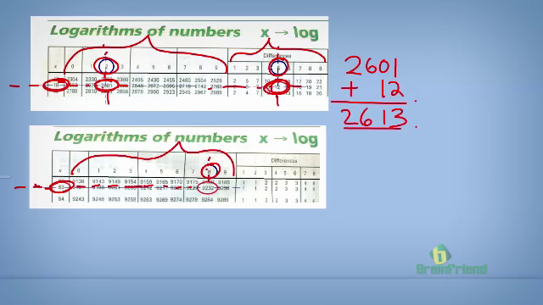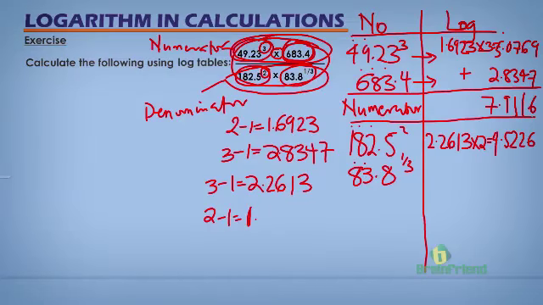If we traced 8 down to intercept our row, they would meet at this point. And at this point, we have a value 9232. It therefore means that the logarithm of 83.8 is what? 1.9232. Let's get that down also into our table.